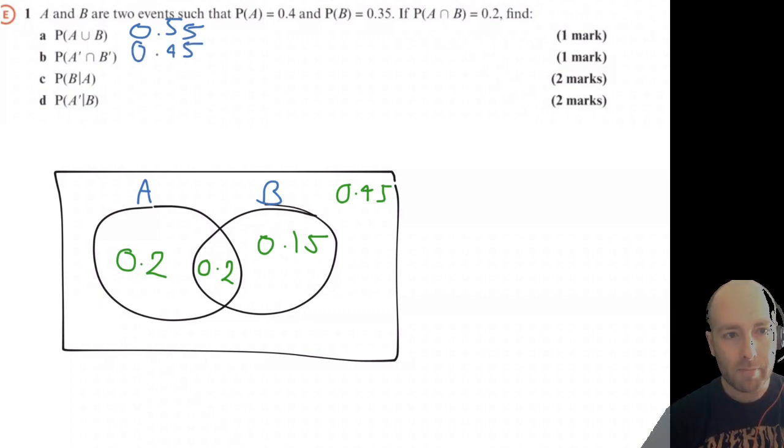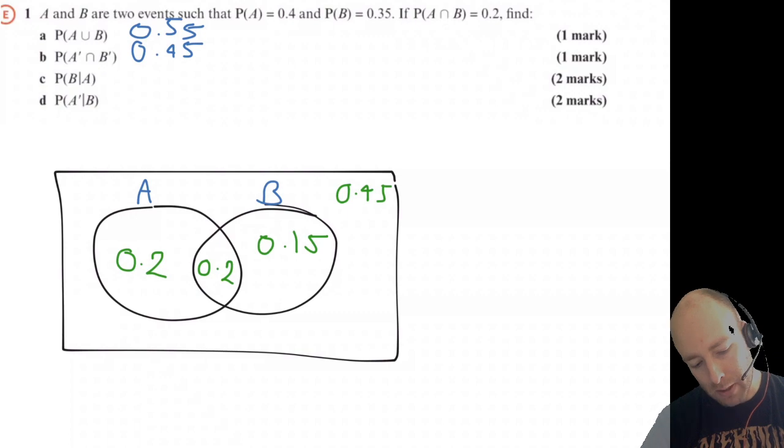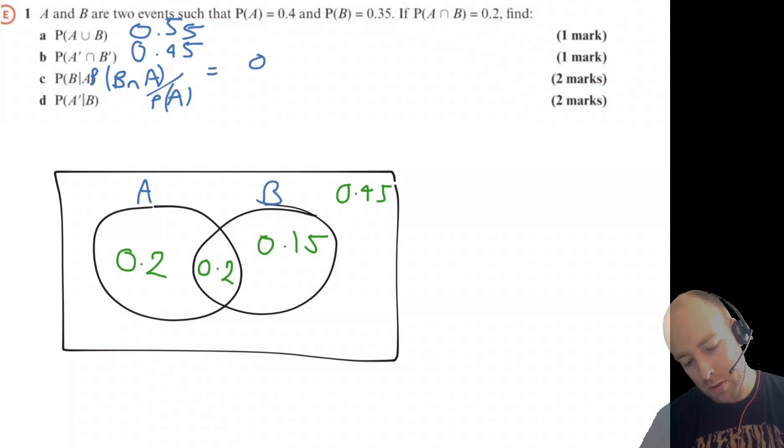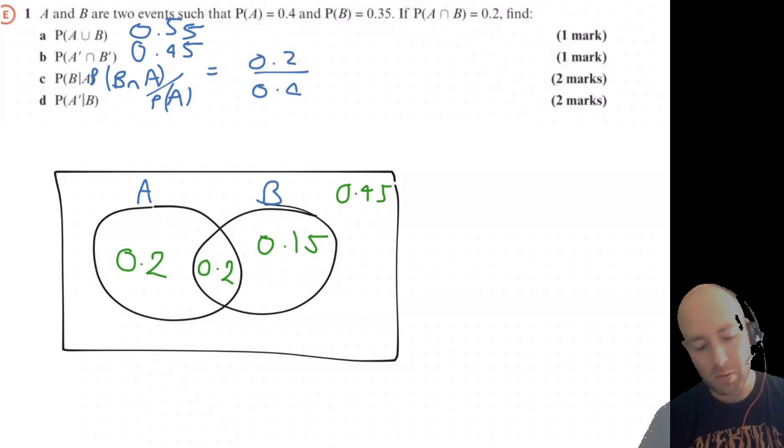B given A will be B and A divided by probability of A. So that's going to be 0.2 out of 0.4, which is 1/2, or 0.5.